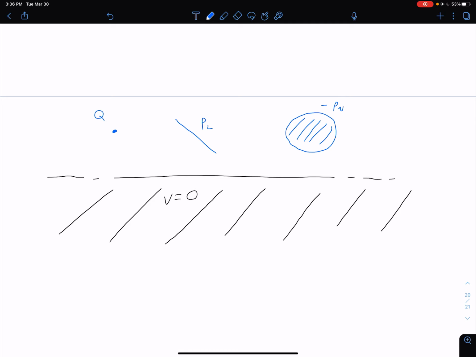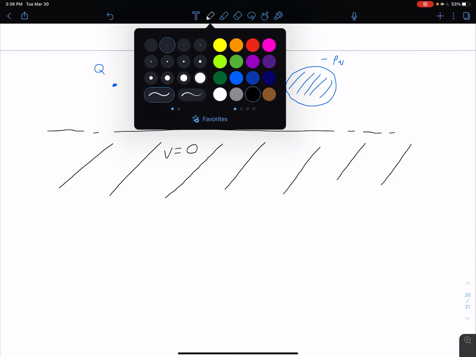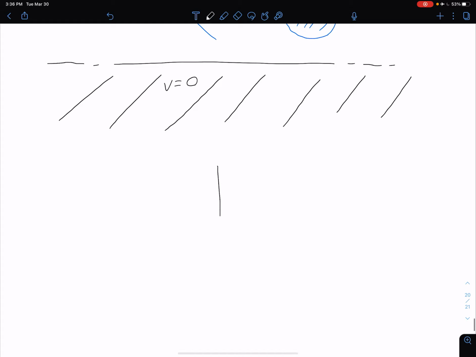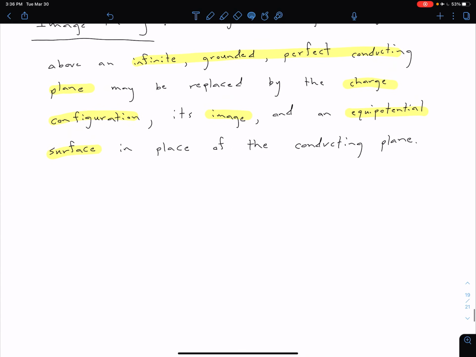What our image theory is saying is that instead of considering that system, we can consider something a little bit different. We're going to keep our three charges. So let's copy that. Remember, this is the first thing: it's replaced by the charge configuration.